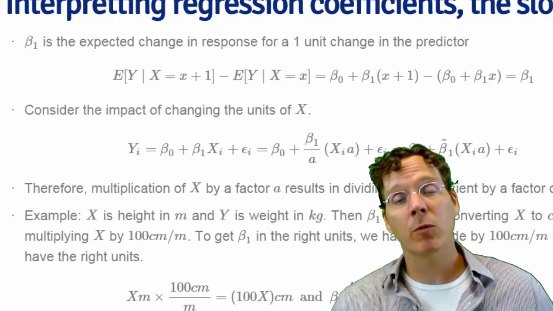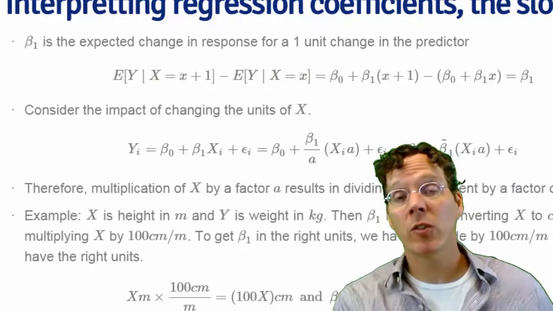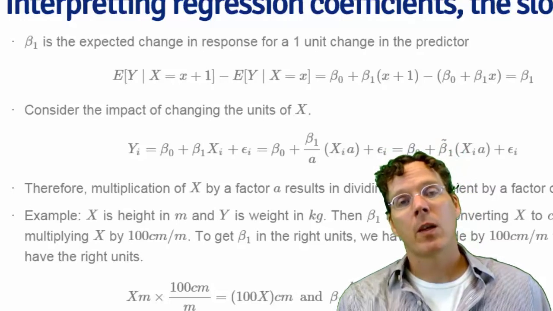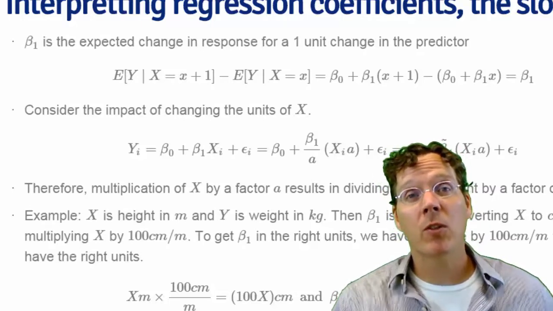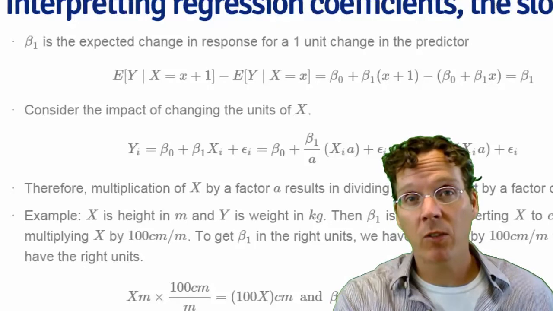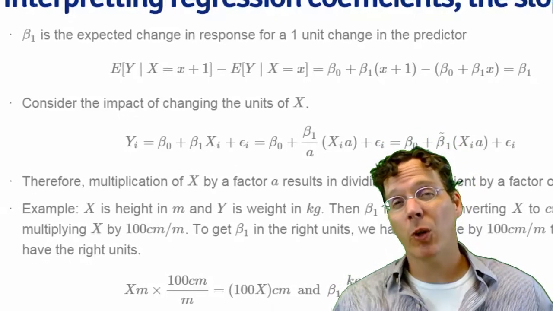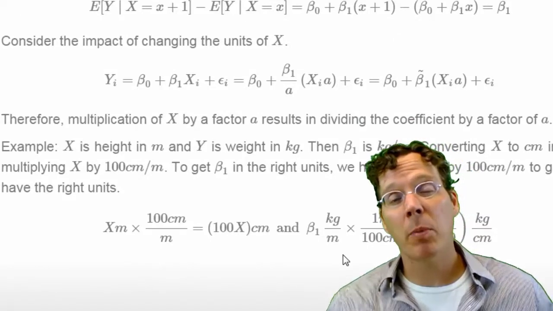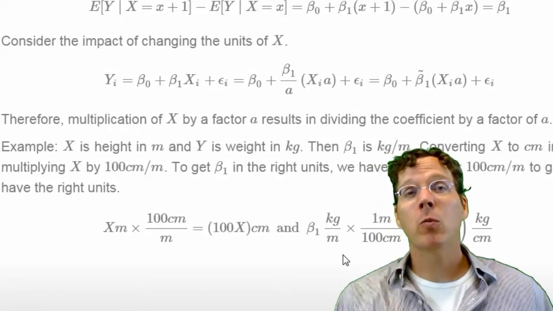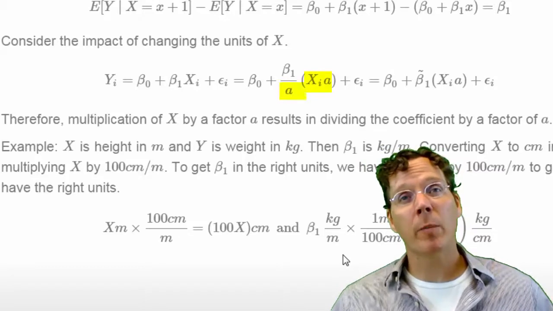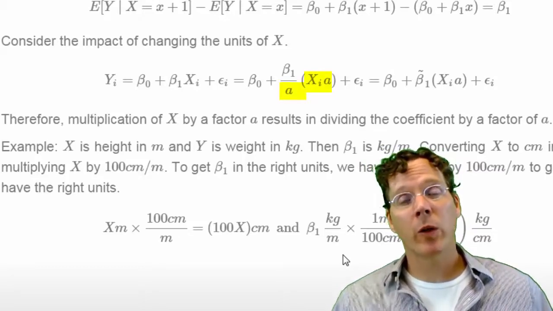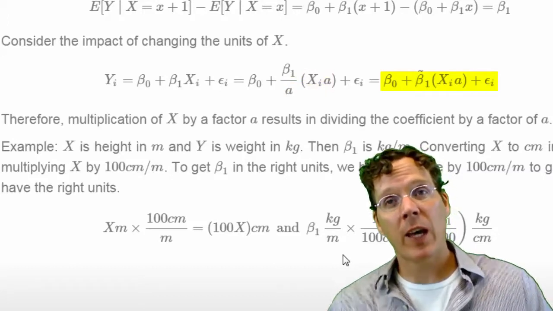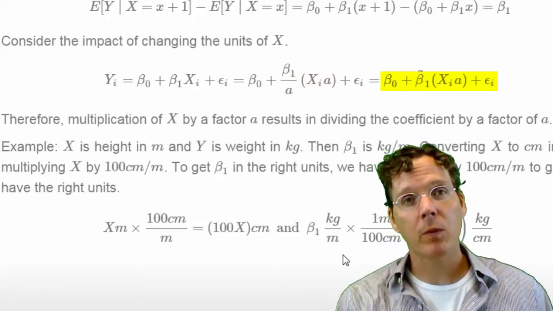It's not that different from the regular interpretation of a line, just now with the expected value, the conditional expected value of the response. Now remember, if we shift the x variable, it doesn't change the slope. We discussed that on the previous slide. What if we scale the regression variable? And we're usually scaling by a number, say a, that's positive. So what we can do is simply multiply and divide by a, and we can rewrite our regression equation as beta naught plus beta 1 tilde times x times a plus epsilon.